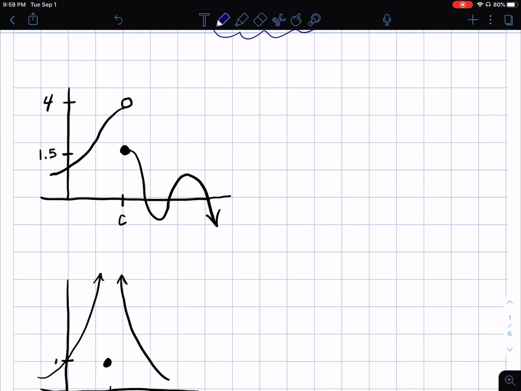All right, so next one. Same thing, we're going to do f of c. And in this case, f of c is 1.5. We'll do the limit as x approaches c.